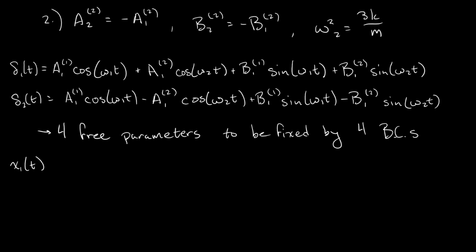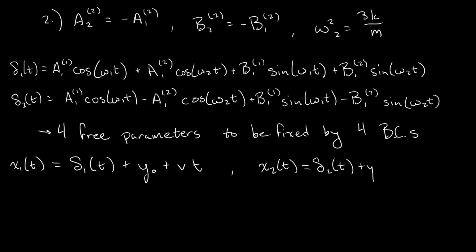Right, I have x1, which is delta 1 of t, so this whole mess plus whatever y0 is plus vt, and then x2 of t is delta 2 of t plus y naught plus L naught plus vt. Hold on. Haven't we introduced two more free parameters?